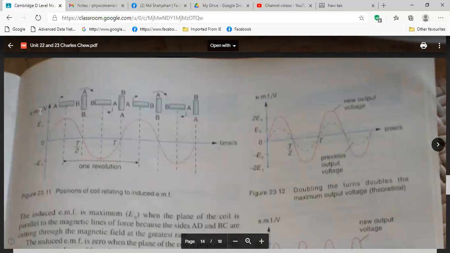So you draw this: EMF on the y-axis, time on the x-axis, and here time period T for a complete cycle, and every half turn we have T by 2. So draw it.